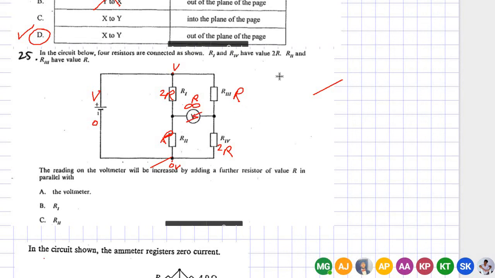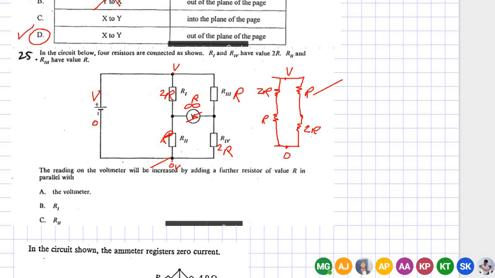So the circuit will be simplified as you're having a section which is at V volt, and a line which is at 0 volt, and you're having two parallel chains of resistors, where one is 2R, another is R, and in the other, one is R, another is 2R.